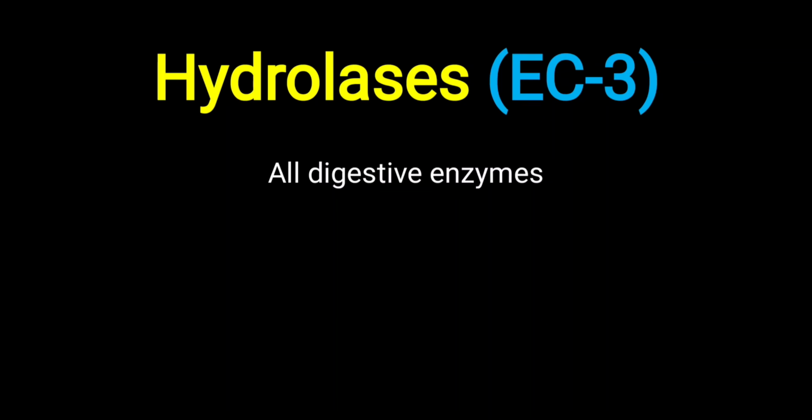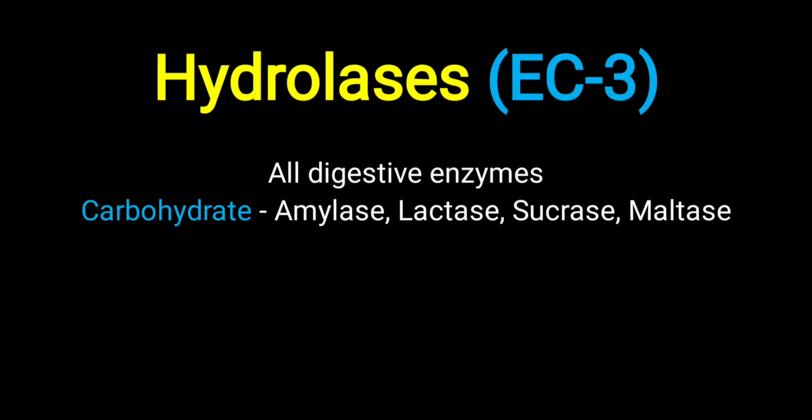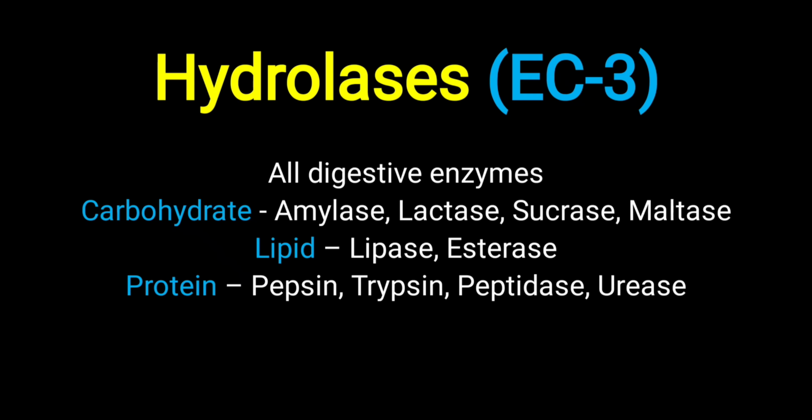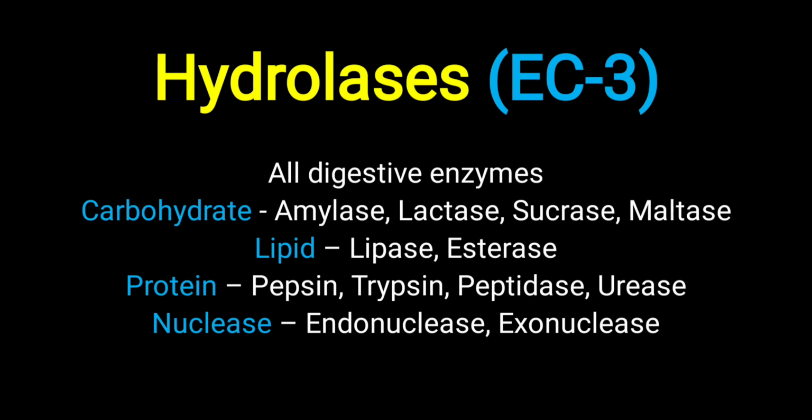All digestive enzymes belong to the hydrolases. Enzymes involved in carbohydrate metabolism like amylase, lactase, sucrase and maltase all belong to this group. Enzymes involved in lipid metabolism like lipase and esterase are also hydrolases. Enzymes involved in protein metabolism in our digestive tract, like pepsin, trypsin, peptidases and urease, are also hydrolases. Furthermore, nucleases, exonuclease and endonuclease, also belong to enzyme class 3. So all digestive enzymes belong to the hydrolases.